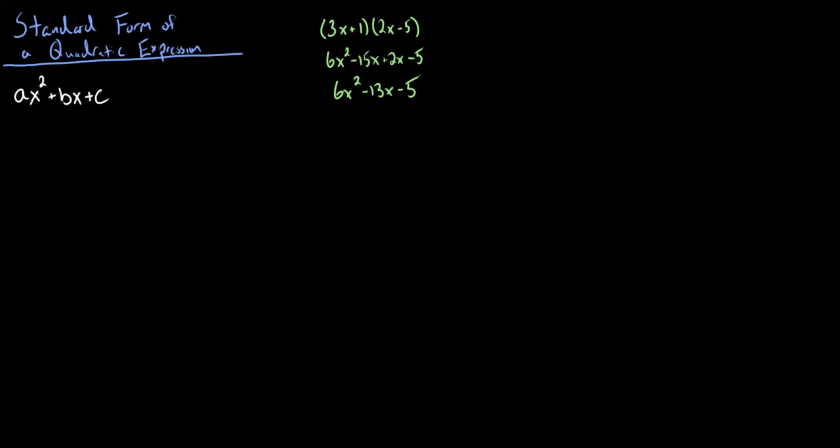So, factoring is really just undoing multiplication, okay? That's all that factoring really is, it's undoing multiplication. So as you can see, I have a little bit of a multiplication problem worked out. We had 3x plus 1 times 2x minus 5. I went ahead and multiplied this out to get 6x squared minus 15x plus 2x minus 5, which ended up becoming 6x squared minus 13x minus 5.